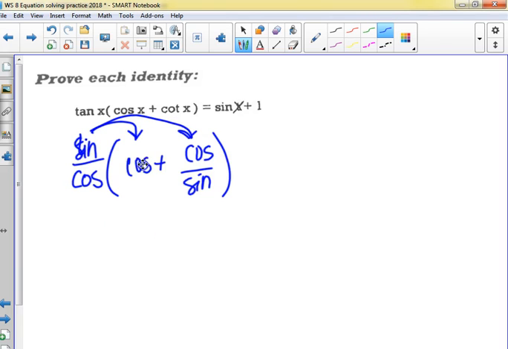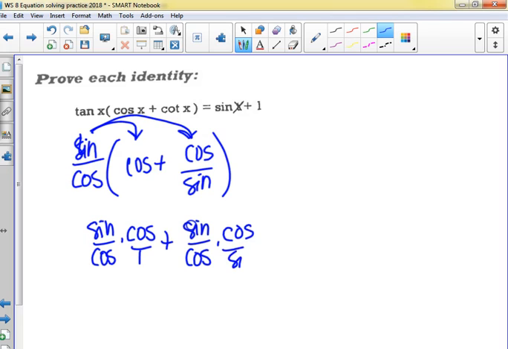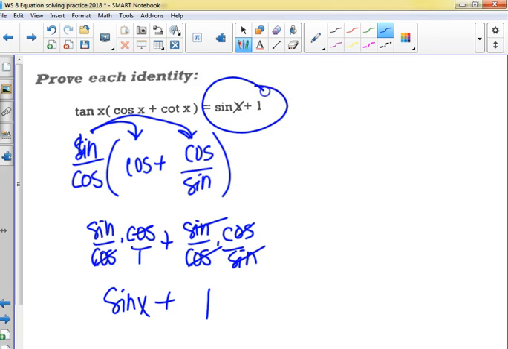Sine over cosine times cosine will be what? And over here, I'll have sine over cosine times cosine over sine. Yeah, this will be 1, and this will be sine, which is what they wanted us to get.